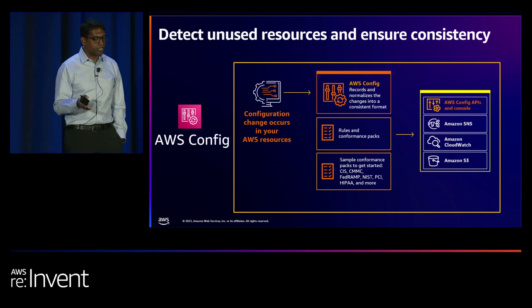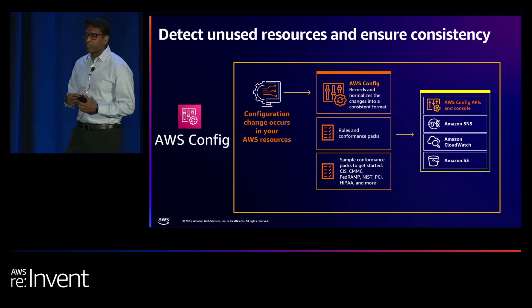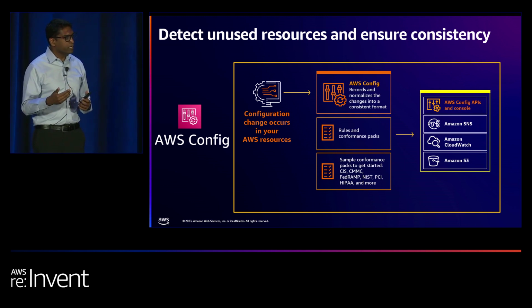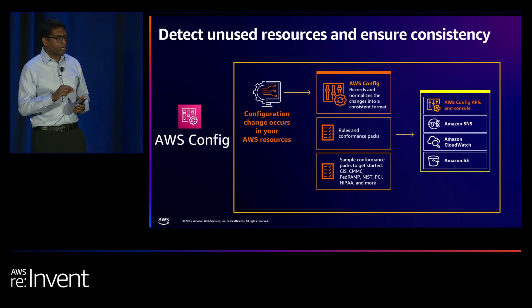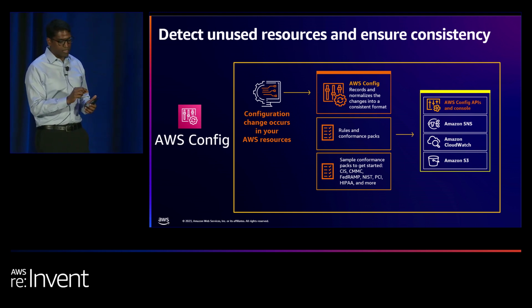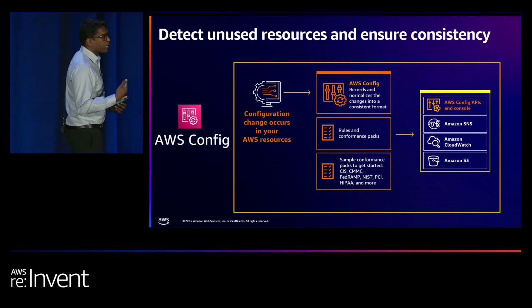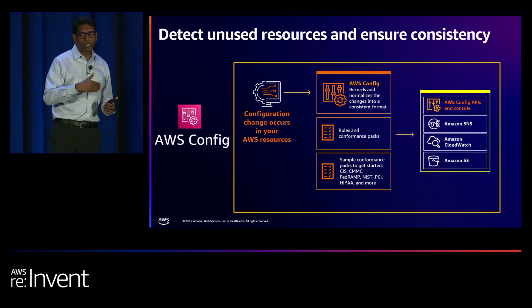Within the conformance packs, you'll find a group of config rules that can help you ensure that your environment is meeting some of the requirements around security, cost optimization, resilience, performance, and more. The nice thing about Config too is that you can feed all of this information into CloudWatch and S3 to build out your own custom dashboards, as well as store historical information on how the configuration has changed over time.